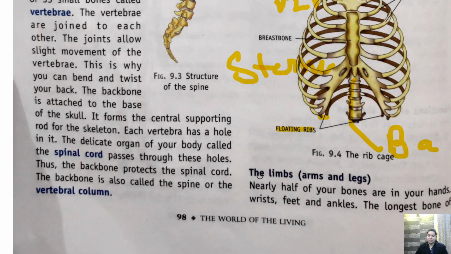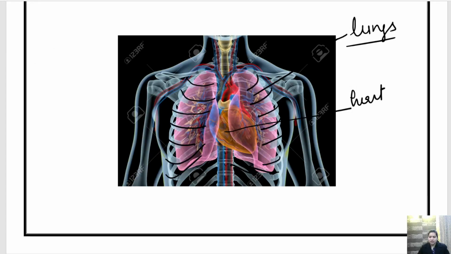Now coming to limbs. If we talk about limbs, we'll talk about the bones present in our hands and in our legs. So children, it is a bit complex because the maximum number of bones are present in our limb region.